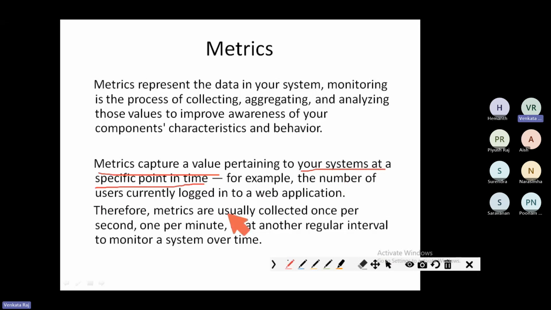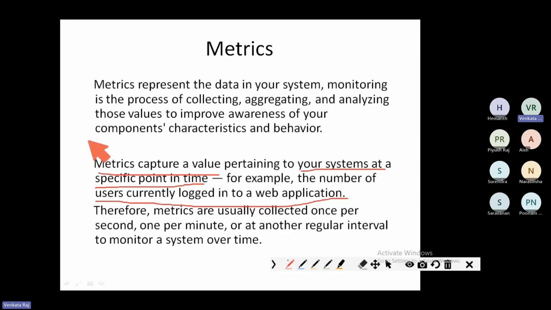The number of users currently logged into a web application is basically a metric, but that is going to differ from time to time. So at that particular point of time, what is the value? And that is our metric. Are all of you clear?